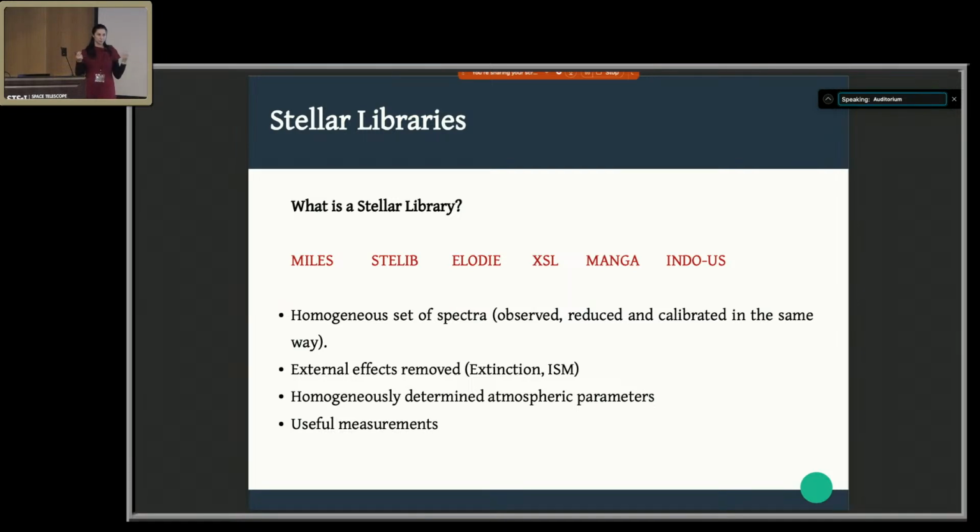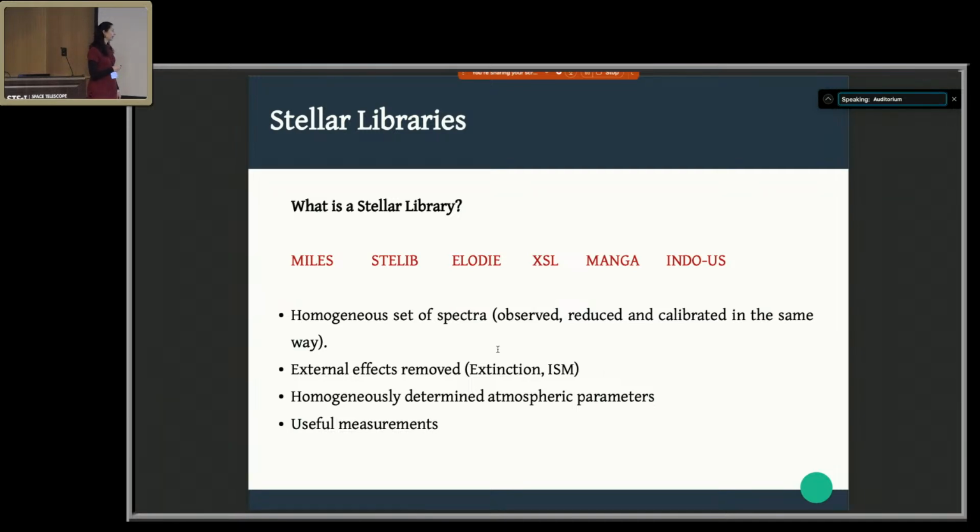It's not just a bunch of spectra that you just put in there and you use it. You need spectra that are homogeneous, preferentially observed with the same instrument, reduced in the same way, with the parameters calculated in the same way. You need homogeneity to do this.